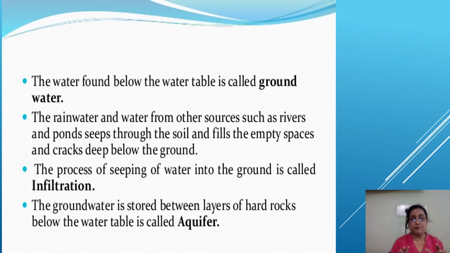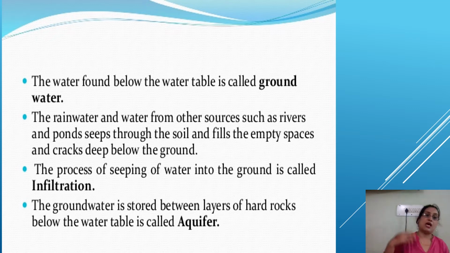In the rainy season, you can see lots of puddles of water, and there is water logging. Why is there water logging? Because the ground has become saturated. In summers, when the first rain falls on the earth, what do you see? It completely dries up.